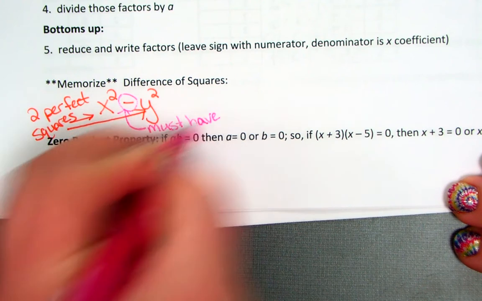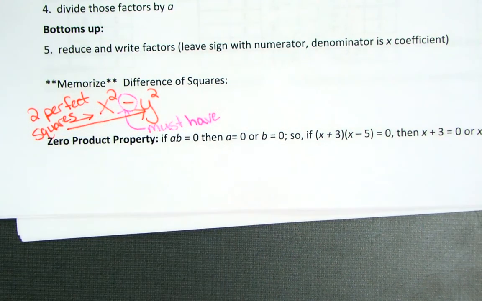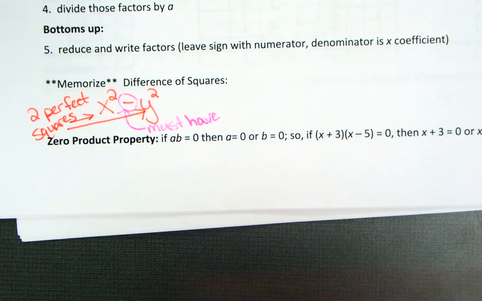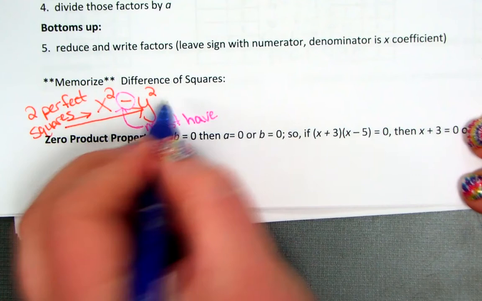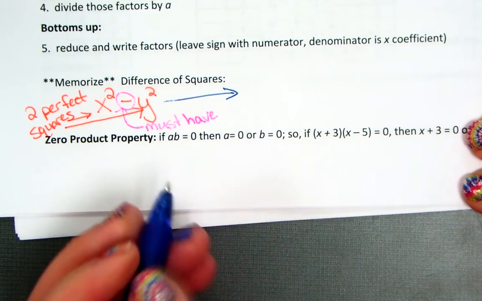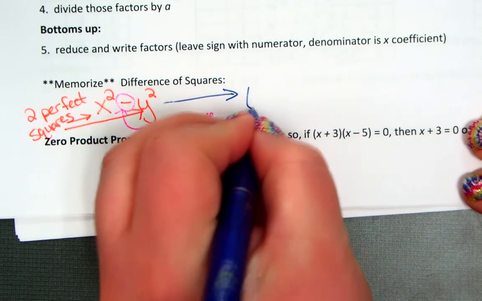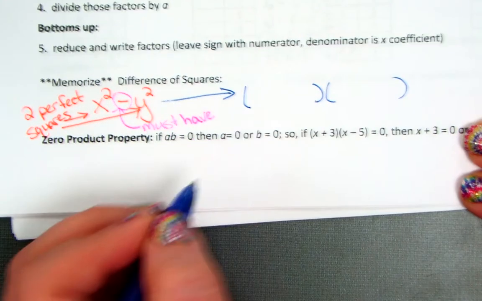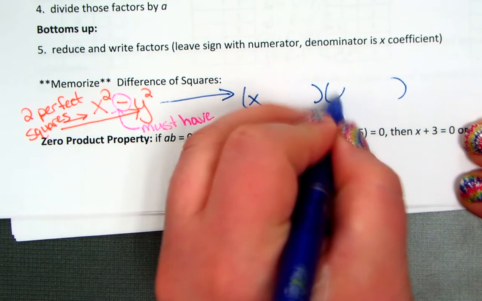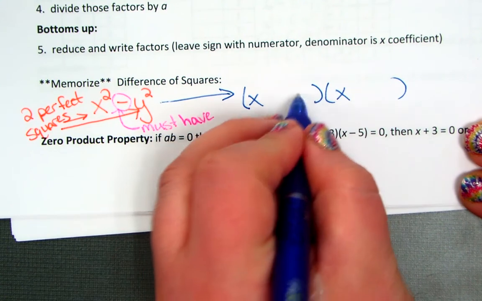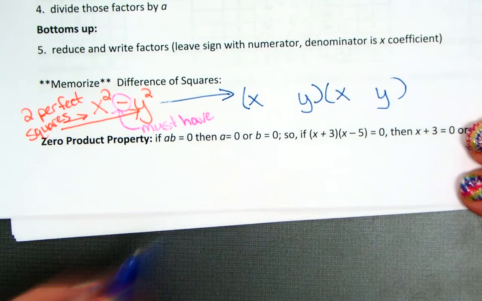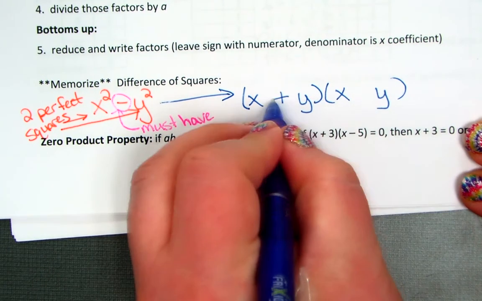So you must have that. And if you do have difference of squares, it will always factor down to be the square root of the first term in the first box, the square root of the second term in the second spot, and one will be plus and one will be minus.